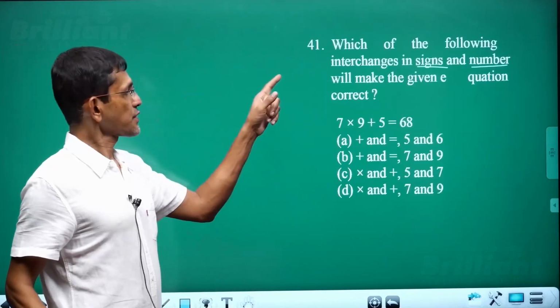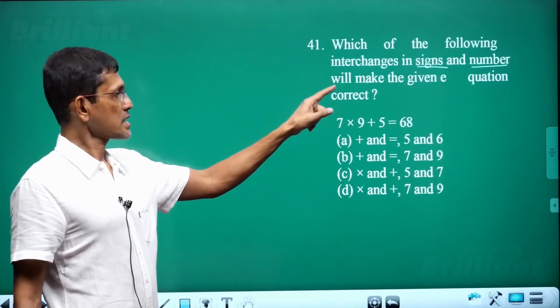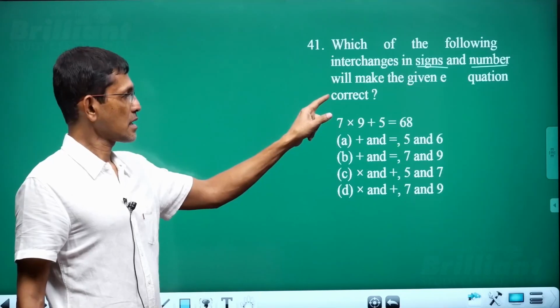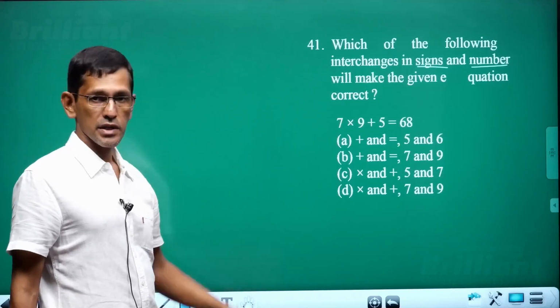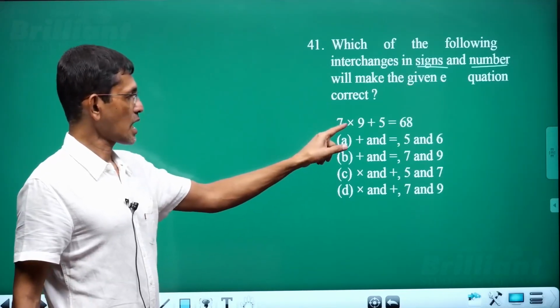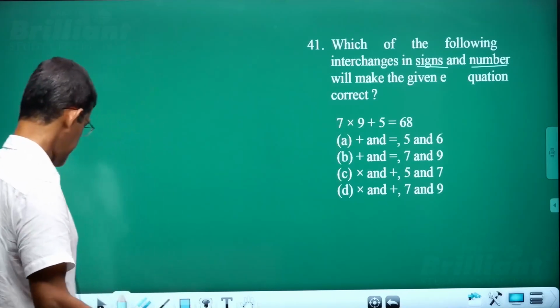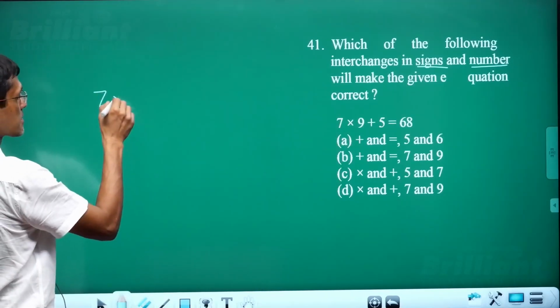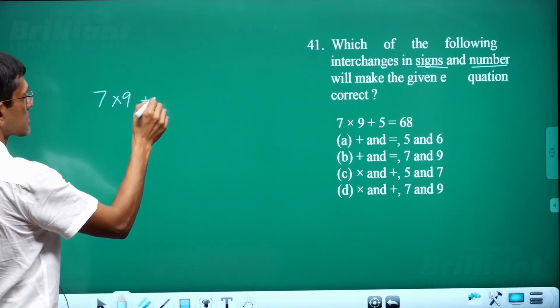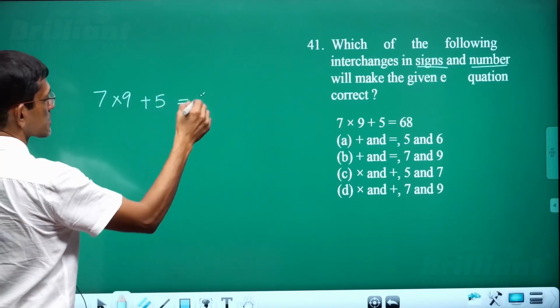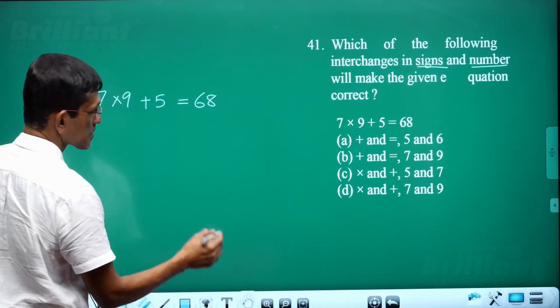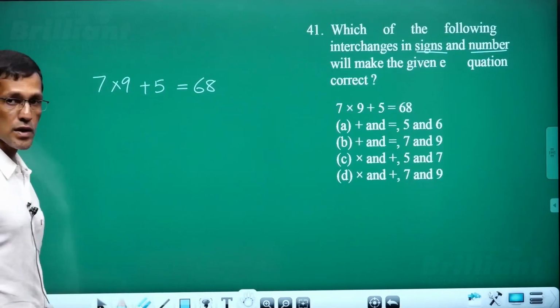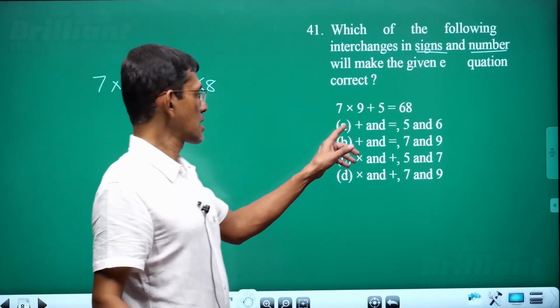Done. Which of the following interchanges in signs and number will make the given equation correct? So what is the equation? 7 into 9 plus 5 is equal to 68. What are the interchanges supposed to be here?